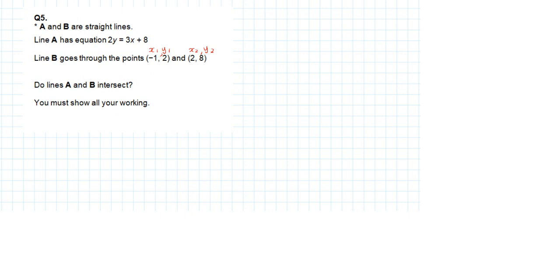Firstly, we're going to find the gradient of line B. So m is equal to y2 minus y1, difference in the y coordinates, divided by difference in the x coordinates, y2 minus y1 over x2 minus x1. So 8 minus 2 divided by 2 minus minus 1. 8 minus 2 is 6, 2 plus 1 is 3, 6 divided by 3 is 2.